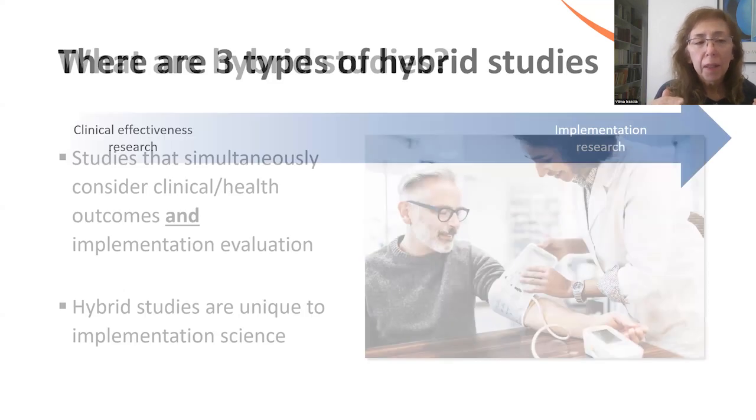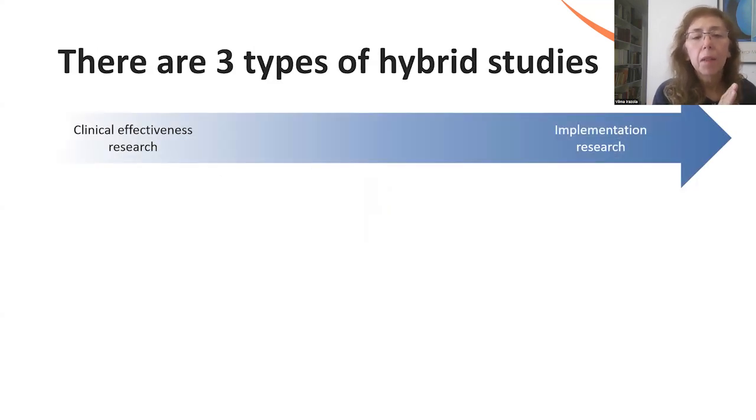According to the hierarchy of clinical effectiveness or health outcomes versus implementation in the study, we can distinguish three types of hybrid studies, of hybrid designs: 1, 2, and 3.